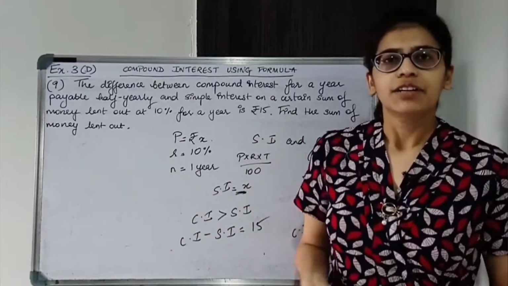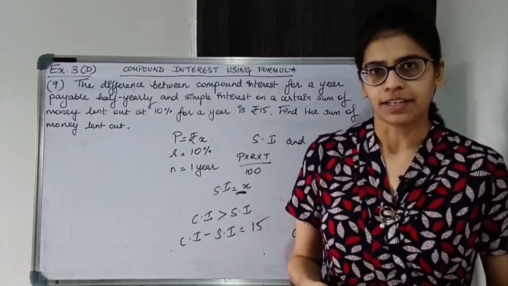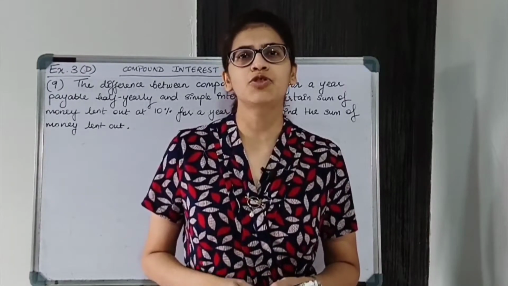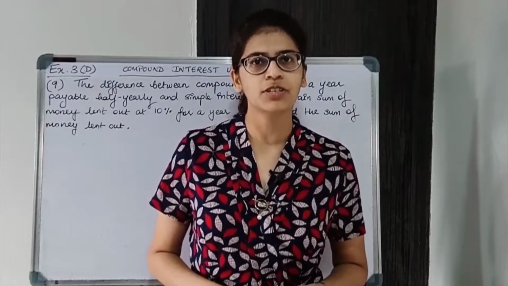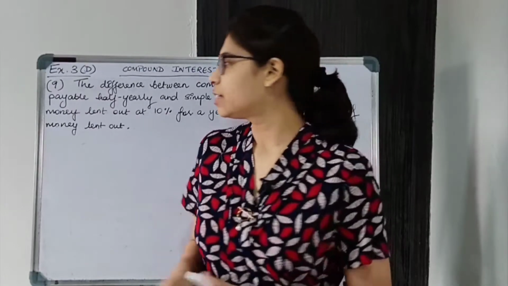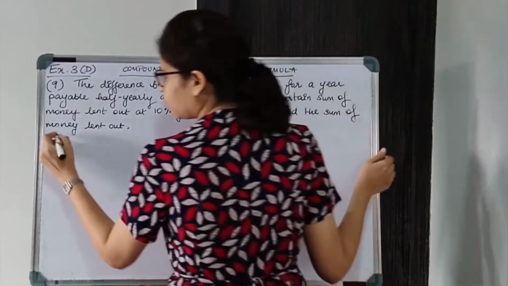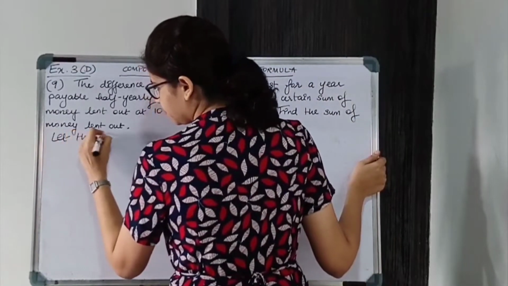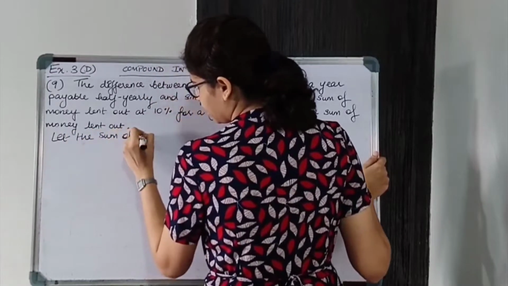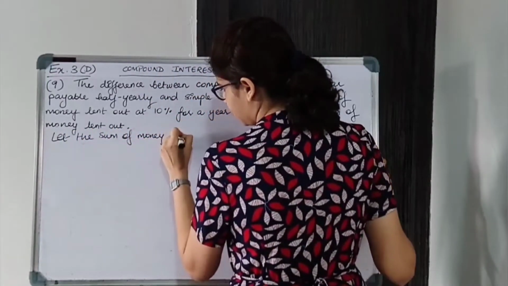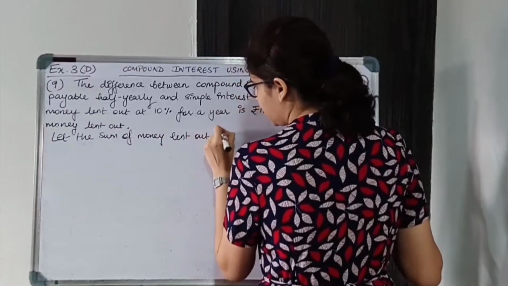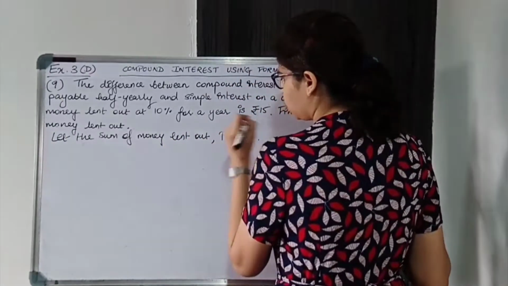X is nothing but principal, that is the sum of money that you have to find out. Okay, so now let us write down the given in a proper manner and start solving. First, let us assume the principal to be X rupees. So let the sum of money lent out, that is principal, be equal to X rupees.